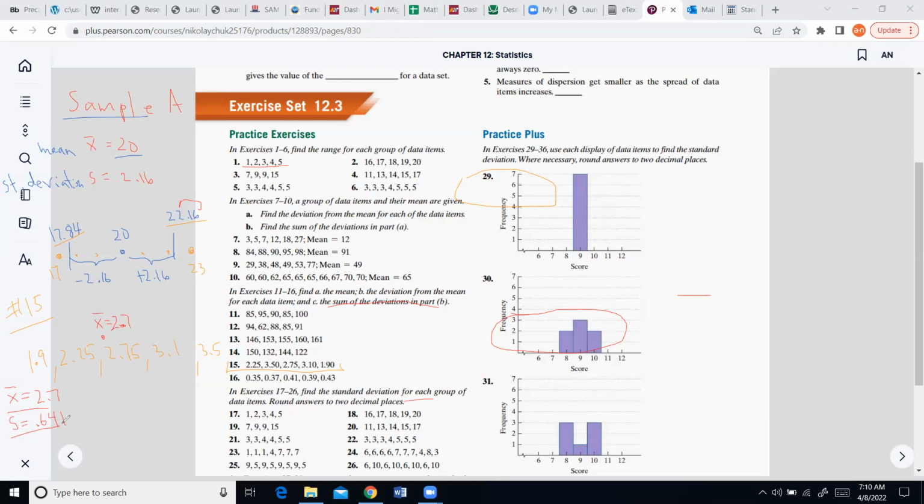And then the standard deviation of 0.641 tells you that you should go by 0.6 up to element 2, right? So standard deviation 0.641. If you subtract 0.6 from 2.7, you'll get 2 and a little something.